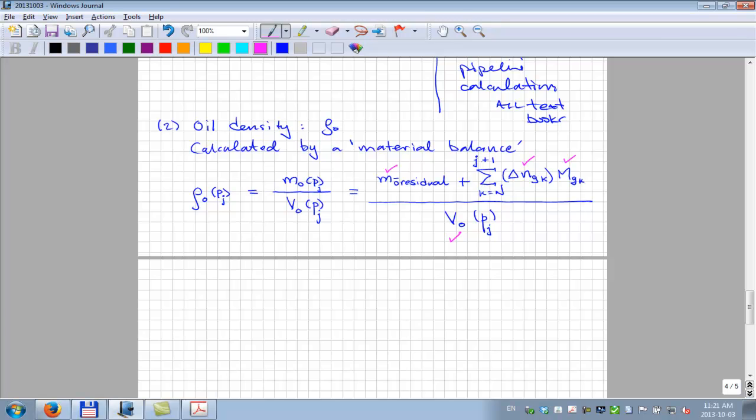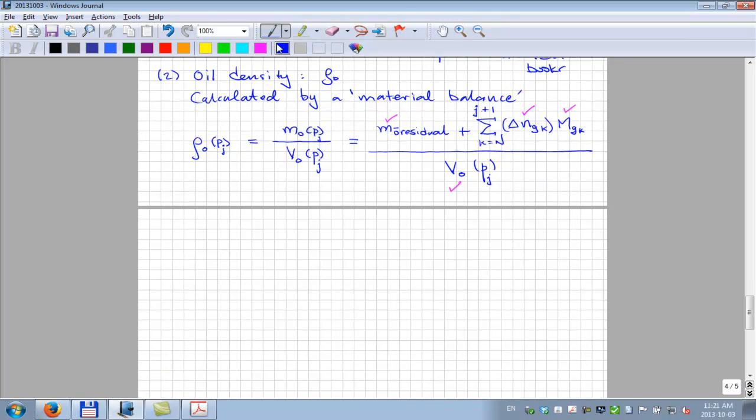So all of these are measured quantities, and of course, the fact that there are some experimental uncertainties in each of these data means that there's going to be some uncertainty in the composite term of density. But in general, this material balance is quite accurate.